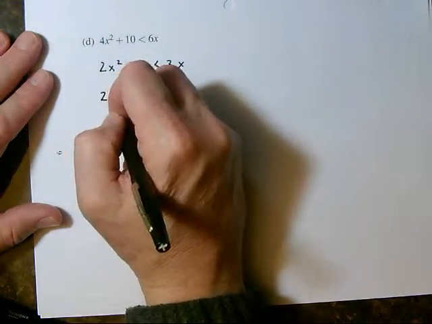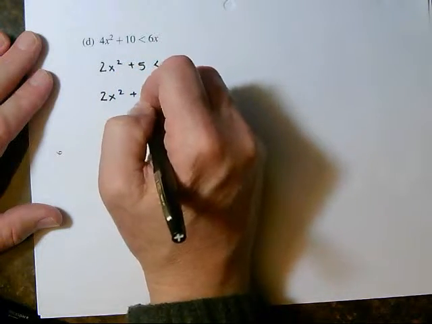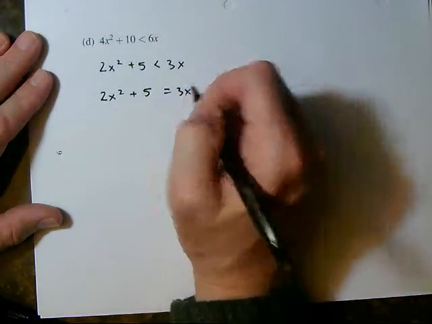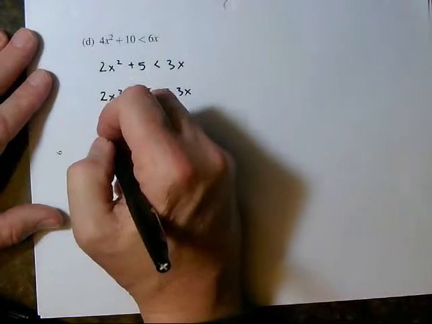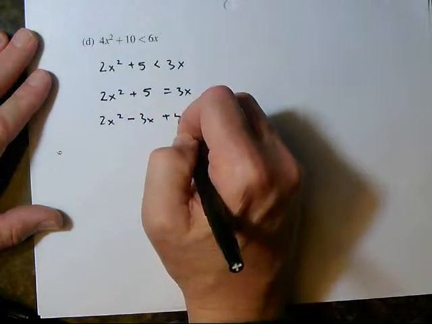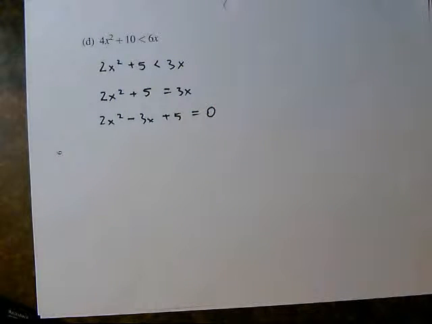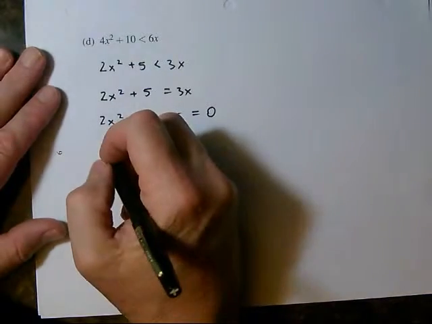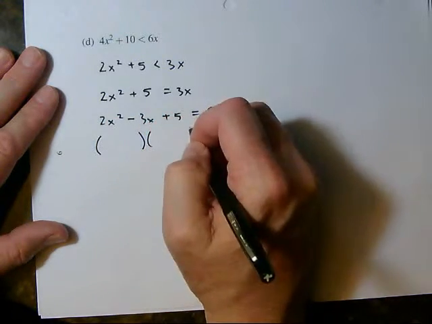So 2x squared plus 5 equals 3x. 2x squared minus 3x plus 5 equals 0. And I look at that for a few seconds. Let's see, 2 and 1. Give it a quick attempt to factor.